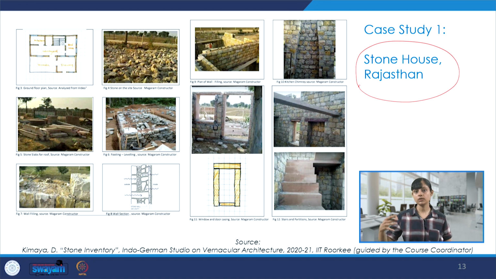We expanded on that later, and some of those dimensions of utilizing stone as a construction material within the interior architecture industry, we could definitely have a deeper understanding of through the case studies that we had seen.